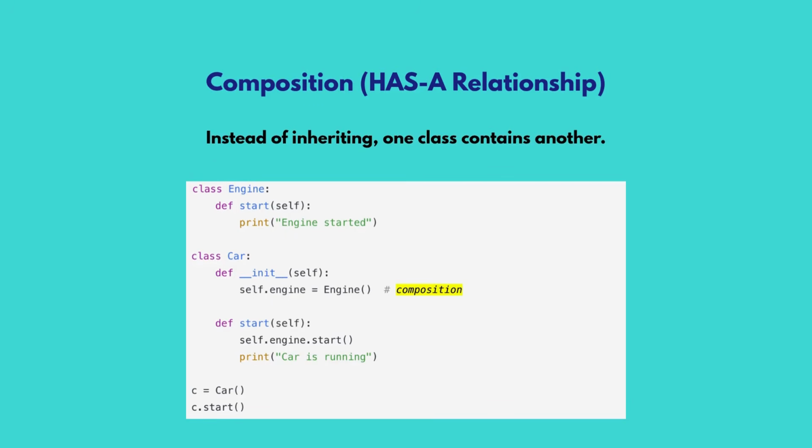But in the is-a relationship, there is no such dependency on the other class. We are just inheriting the properties. Even if something is not present in the parent class, the child class object can be created, and we can execute the child methods.